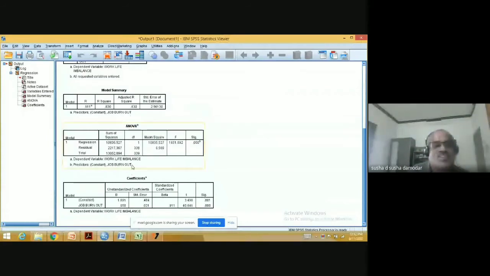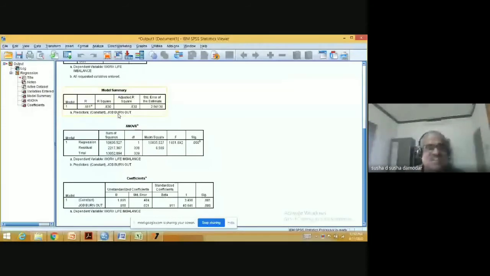Here, the work-life imbalance and the job burnout, we measured these two qualitative variables quantitatively by using interval scale, a 7-point interval scale. After using the interval scale, automatically these two variables are measured quantitatively or numerically. That is why we can apply different parametric tests.